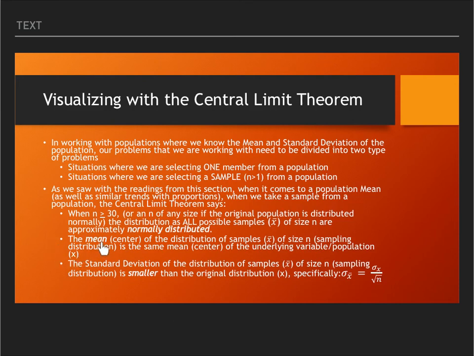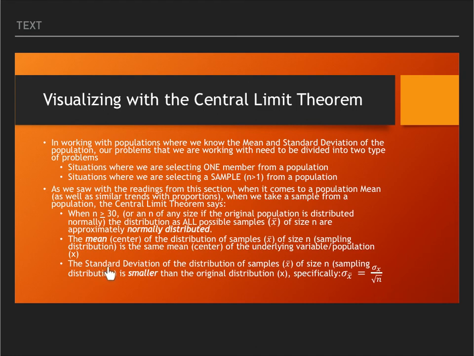Second, the center or the mean of our distribution of samples of x bar, which we also call sometimes the sampling distribution because it's a lot easier to say than the distributions of all samples x bar of size n, is the same mean or center of the underlying variable or population x.